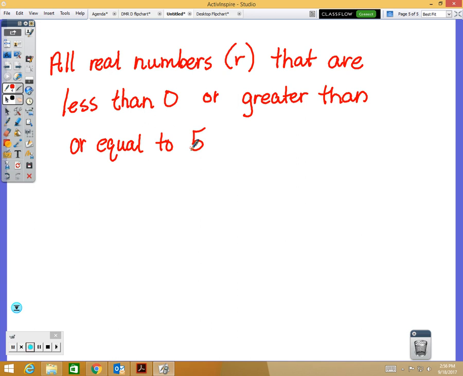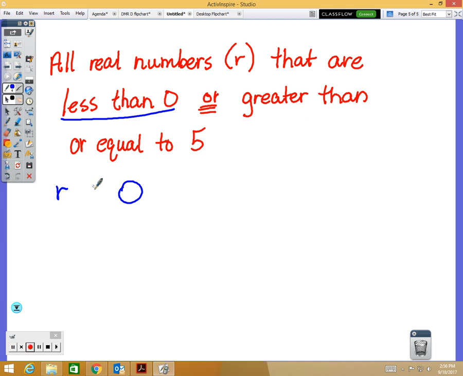Because there is this key word "or," that means that we have to write them as two separate inequalities. We cannot do the mashup. We can only do a mashup if it's an "and." So for our first one, we're going to do all real numbers that are less than 0. So think about how you would show an inequality if you're using an "r" and a 0.